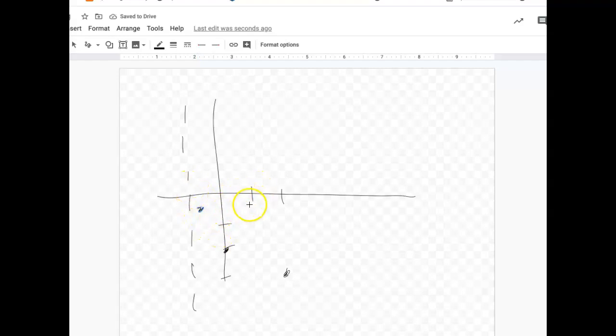Oops, I'm off. I gotta go downward. -2/3, -1. And so the graph of this is going to be, whoop.